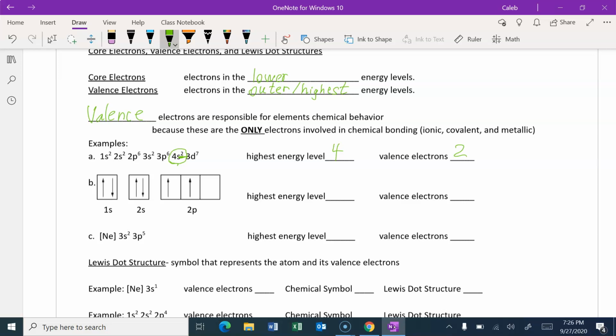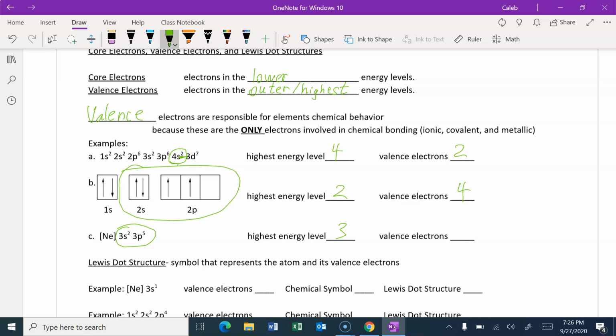In the next drawing, I see that 2 is my highest energy level, so I'm only going to focus on the electrons in the 2nd principal energy level. 1, 2, 3, 4. I have 4 valence electrons. And then finally, I have 3 as my highest energy level here.